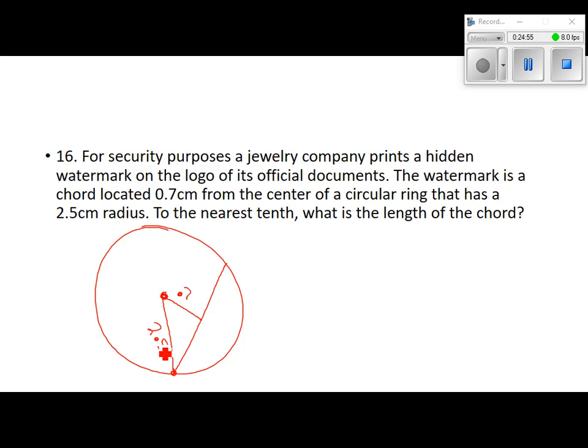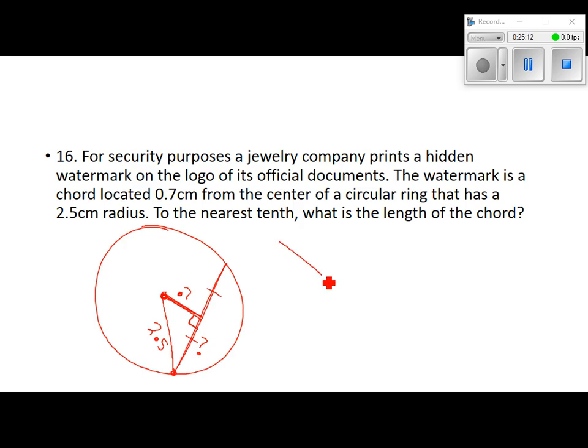And we want to figure out how long, and this has to be a right angle there if that's a distance. We want to figure out how long this chord is. Well, if that's a right angle, this has to be bisected. So if we find this part, we can just double that to get the whole thing.